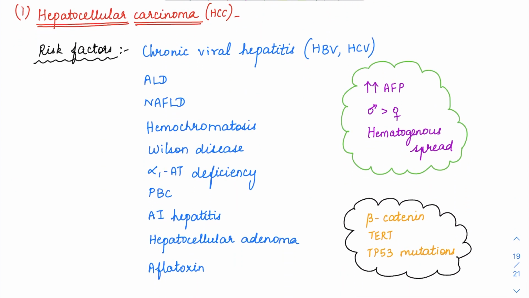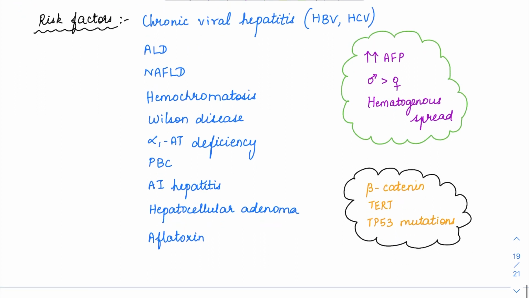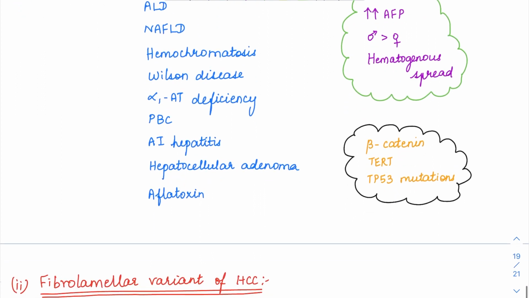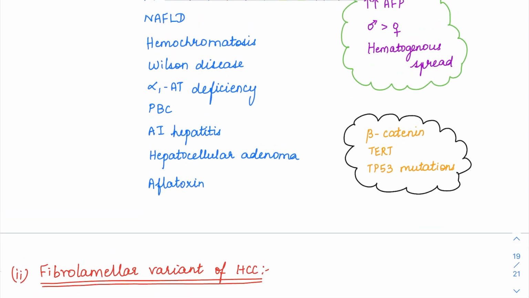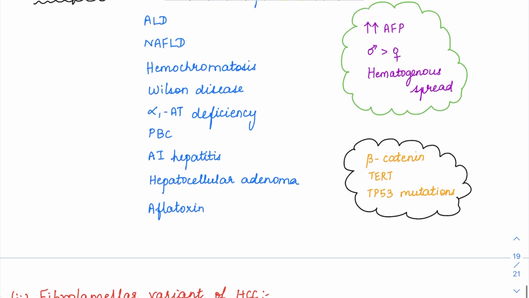So hepatocellular carcinoma, what are the risk factors? All of the diseases which we had seen under cirrhosis are going to lead to hepatocellular carcinoma. So starting from viral hepatitis, alcoholic liver disease, non-alcoholic fatty liver disease, then metabolic diseases like hemochromatosis, Wilson's disease, alpha-1 antitrypsin deficiency, primary biliary cholangitis, primary sclerosing cholangitis, then hepatocellular adenomas.